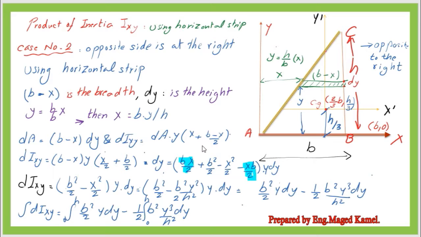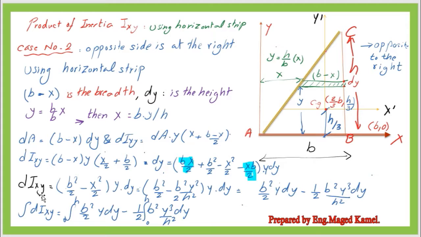After making adjustments, we will find out that dIxy equal to b minus x multiplied by x over 2 plus b over 2, multiplied by y dy. Adjusting the terms, the terms like bx over 2 minus xb over 2 will cancel each other.